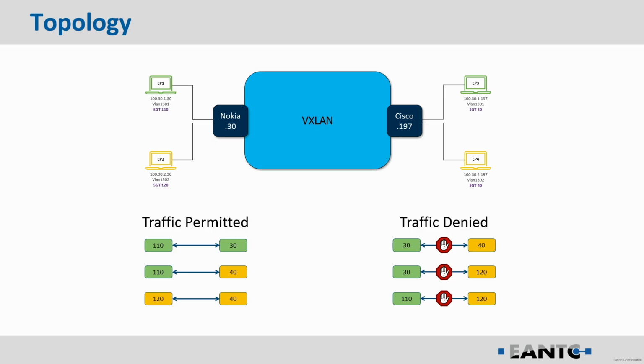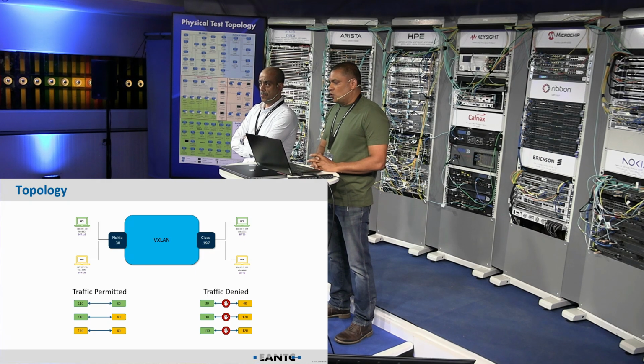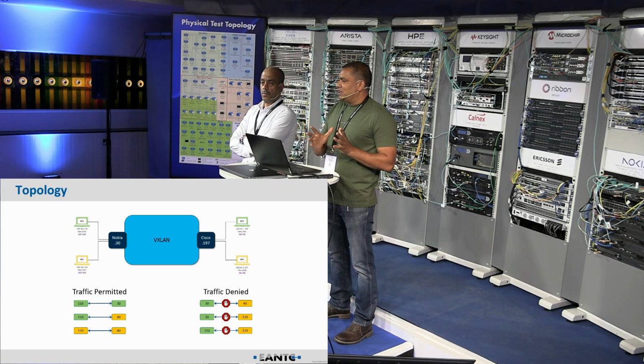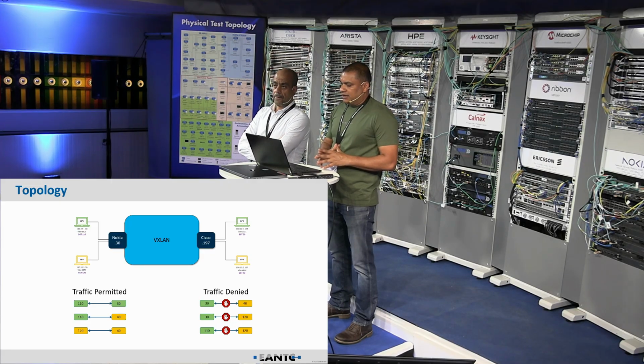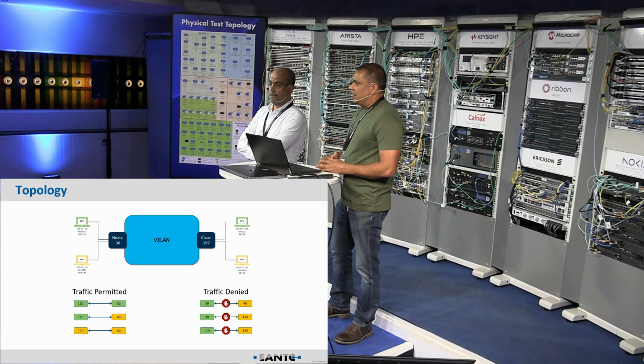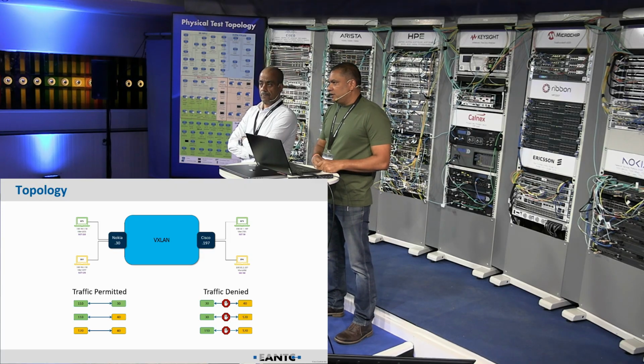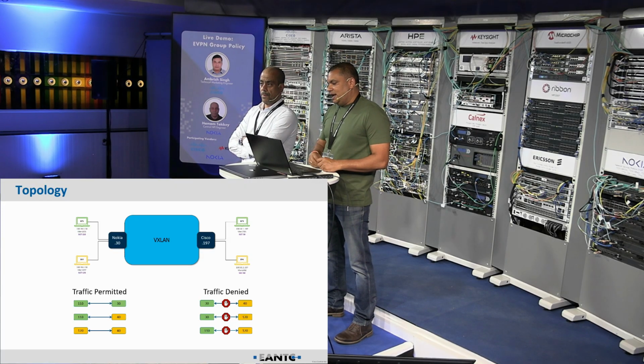On the top, the green one is VLAN 1301, and the IPs are 1.30 connected to Nokia. We are going to map that endpoint to the security group tag 110. Then the endpoint connected on the Cisco side to the green VLAN, we are going to map to endpoint group ID 30.